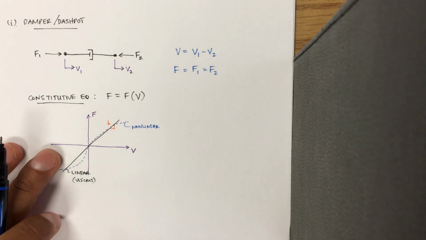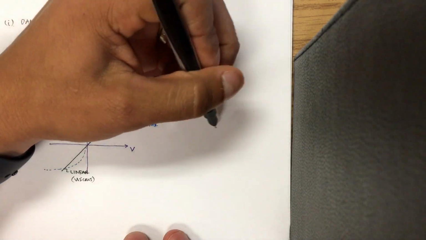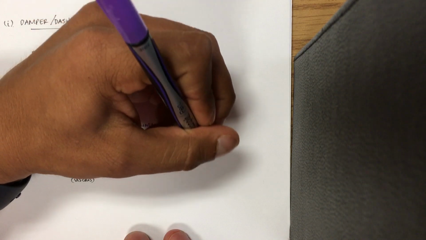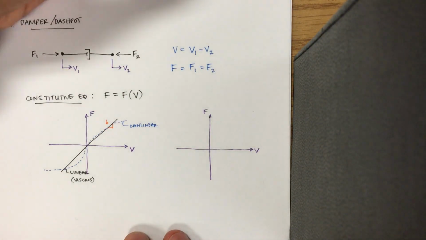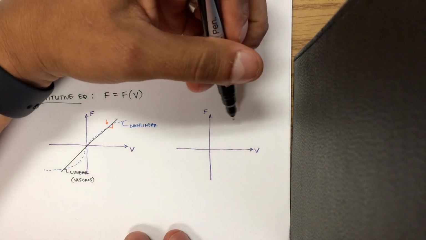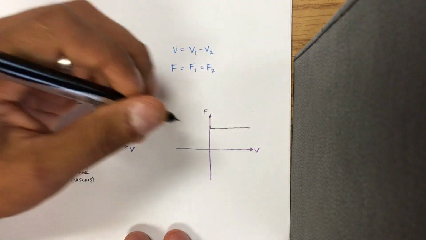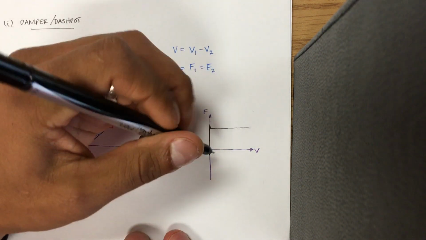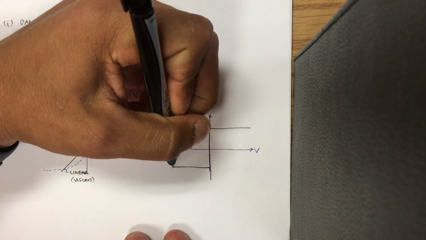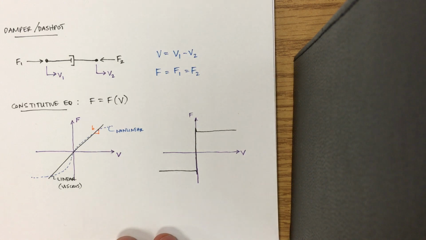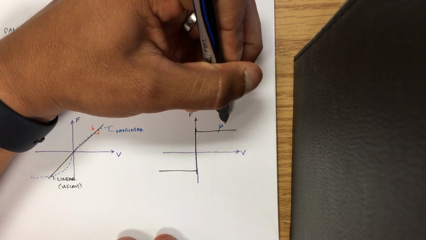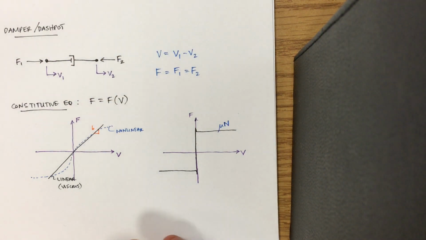One other aspect where we would have some dissipative relationship between F and V, I'll draw it right here next to it, is in the case of dry friction. Okay, so still this is F, this is V. Now in the case of dry friction, we have this discontinuous relationship where the height between F and V is equal to mu times N, with N being the weight or normal force of the object or rigid body.